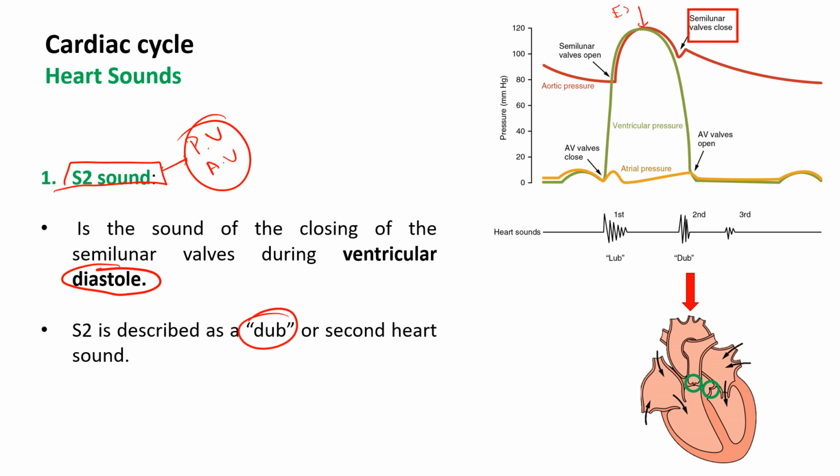Because now the walls are relaxed, pressure starts dropping. And if you're more visual, this is what just happened. During systole, the blood went this way. That's systole. And then in diastole, remember the blood now is not being pushed. The blood will go kind of backwards a little bit, right? But at the same time, that movement of blood going backwards is what closes the valves.